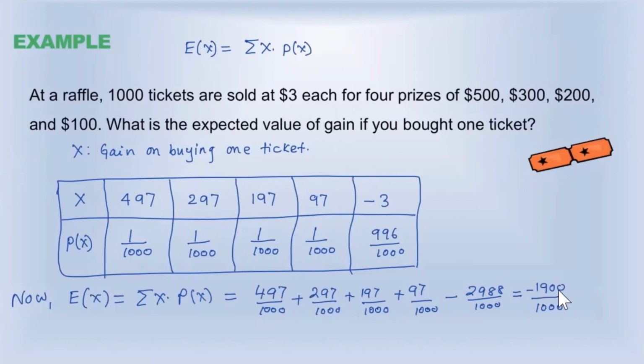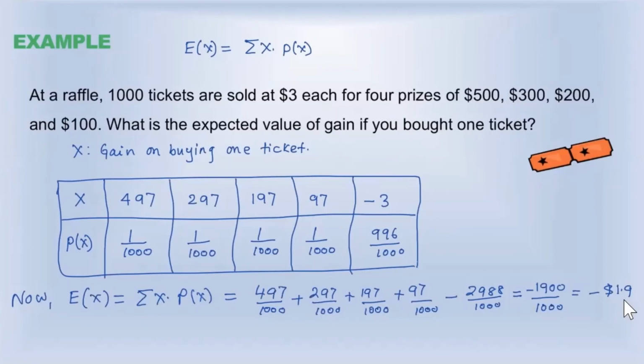Now, when you divide this negative 1900 in the numerator by 1000, that is equal to negative 1.9. That means when you buy one ticket in this program, there is an average loss of $1.9. So we are calculating the gain, but we got a negative. The meaning of that is there is an expected loss of $1.9 by buying one ticket.